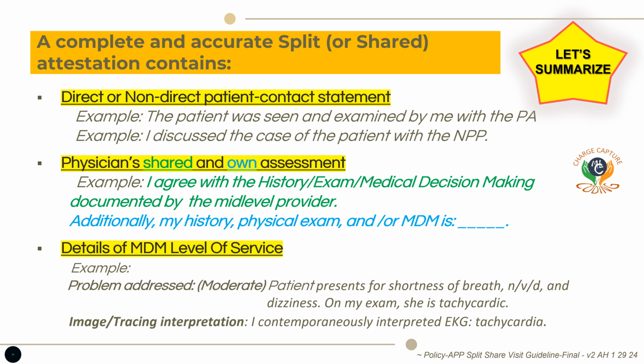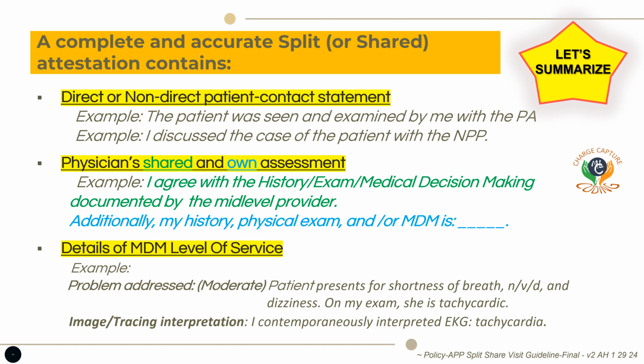And second, the TPA must reflect a shared and owned statement assessment. I agree with the history, exam, medical decision-making documented by the mid-level. Additionally, my history, physical exam, and MDM are as follows.